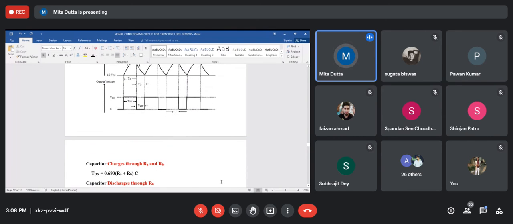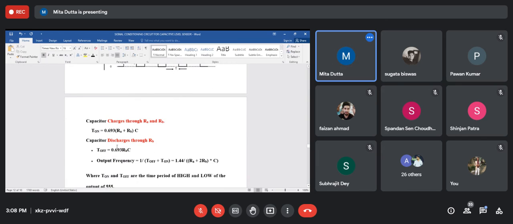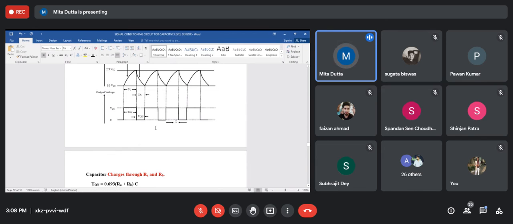And when the capacitor charges, I have told you it will charge through RA, RB, and C. So the T on, this is from the theory of the 555 timer used as an astable multivibrator, and it discharges through RB and C. So T off will be 0.693 RB C. And the total time period will be T on plus T off.